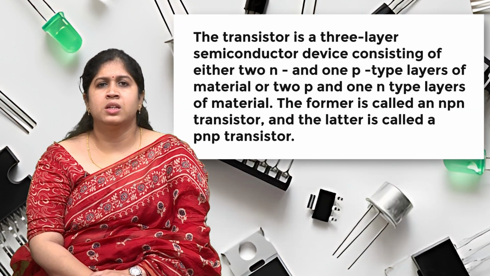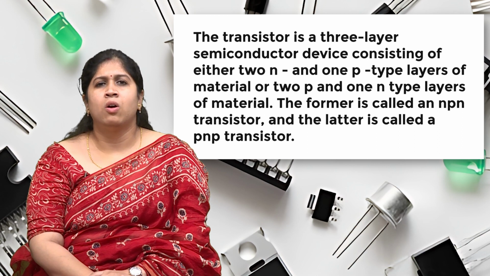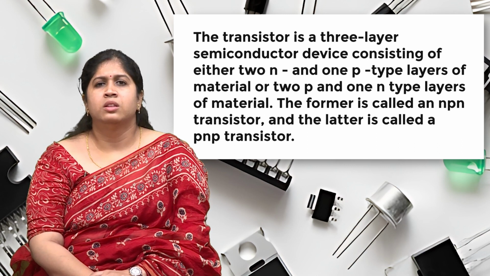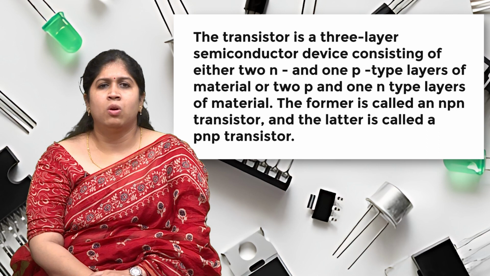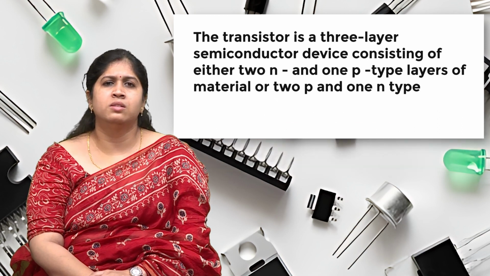The transistor is a three-layer semiconductor device consisting of either two N and one P type layers of material or two P and one N type layer of material. The former is called an NPN transistor and the latter is called a PNP transistor.